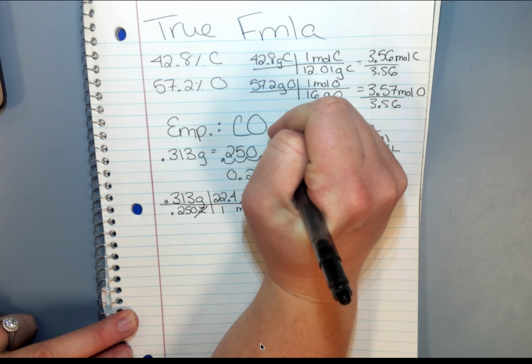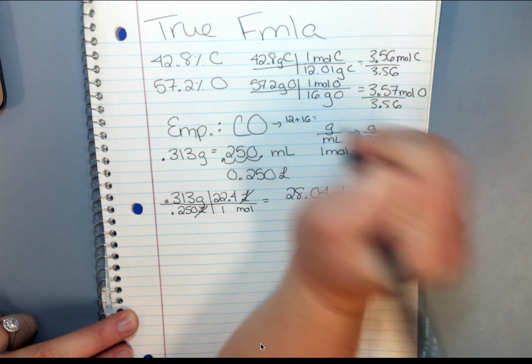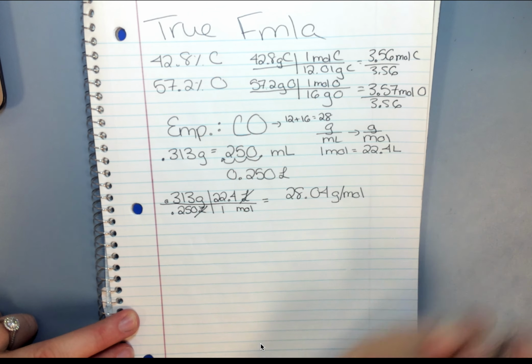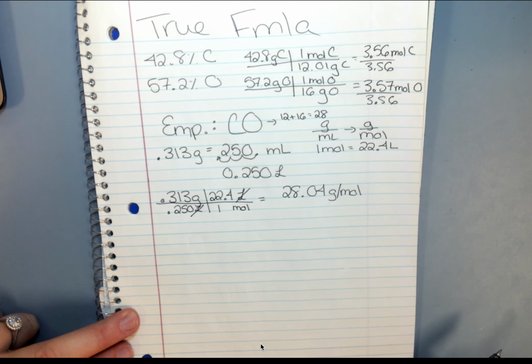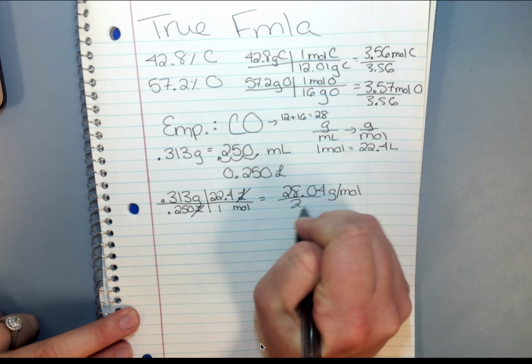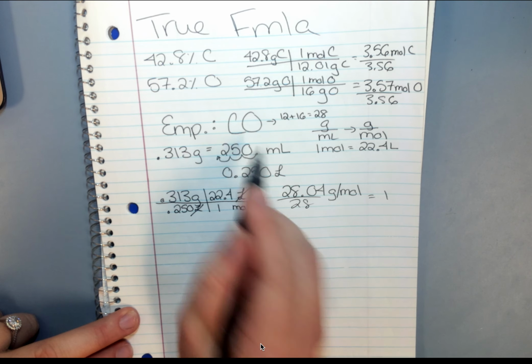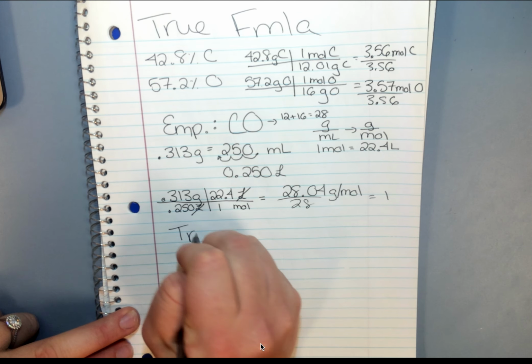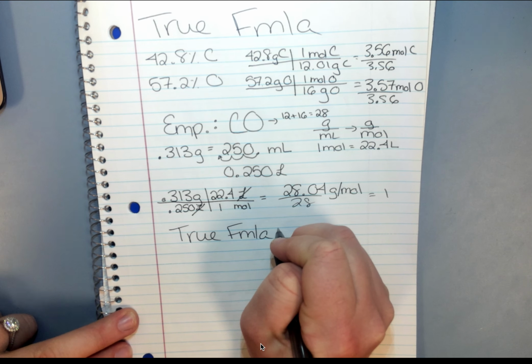The mass of a carbon plus the mass of an oxygen is going to give me 28. So in this case, the mass of my empirical is equal to the mass of my true or molecular formula. If I did 28 divided by 28, that's just going to give me 1. So that means my empirical formula is CO, but my true formula is also CO.